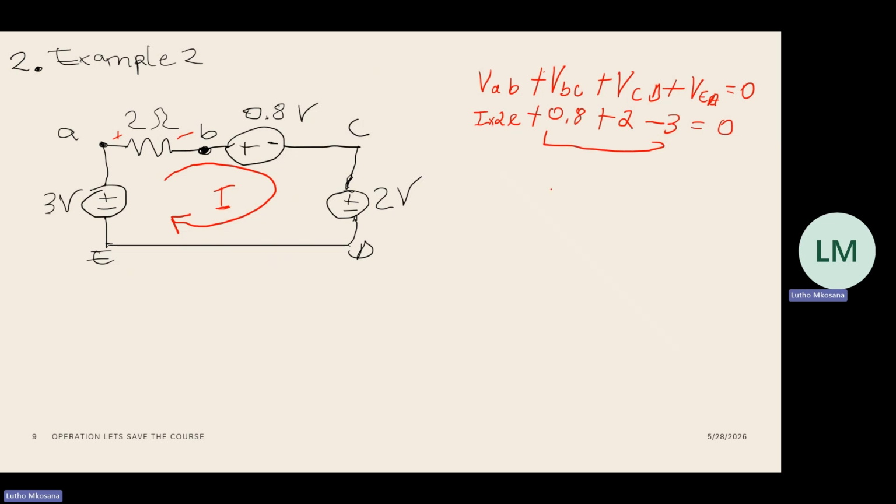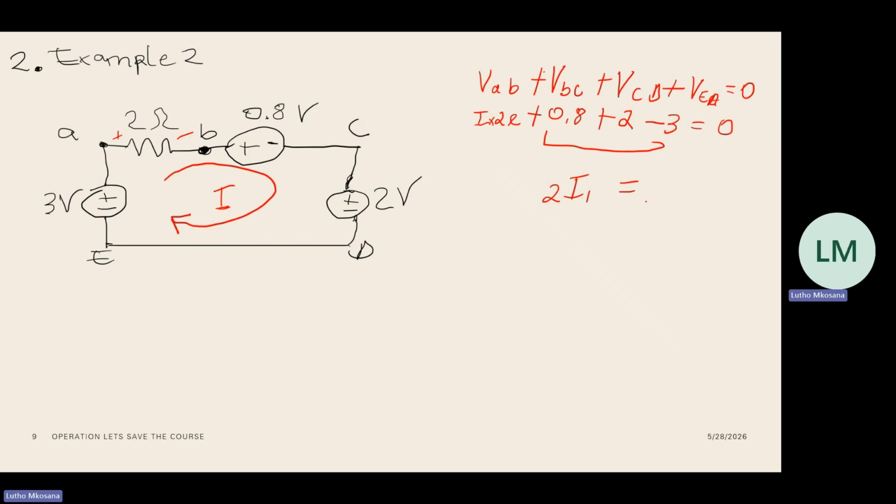Here we have 2I, which is equal to 0.8 plus 2 minus 3, which is negative 0.2.